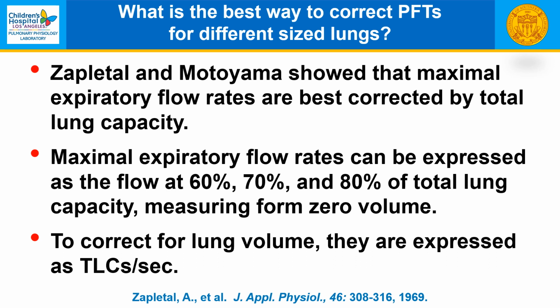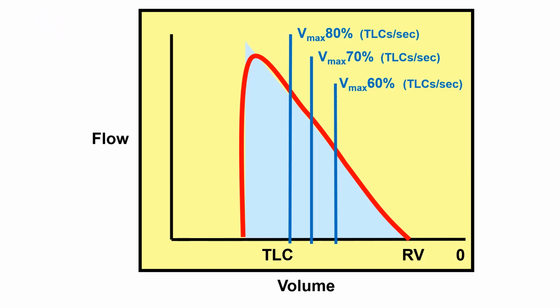So if I had a total lung capacity of 5 liters, and a flow rate at 80% total lung capacity of 7.5 liters per second, that's 7.5 divided by 5, or 1.5 TLCs per second. This is kind of what this looks like.